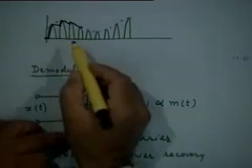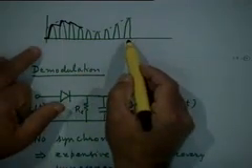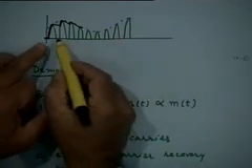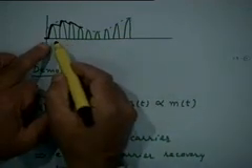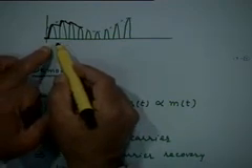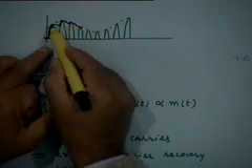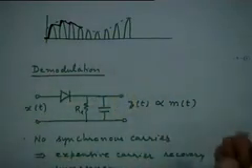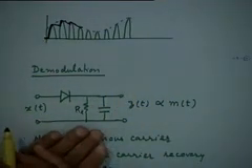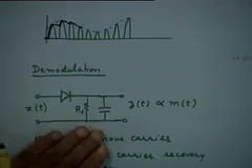Of course this diagram is highly exaggerated in the sense that the carrier cycles will be much more closely spaced than I have shown in this diagram, right? So actually what you will see is not such a wavy envelope, but a fairly smooth envelope, which can be smoothened still further by a suitable low pass filter if required, right? So that's the basic principle.